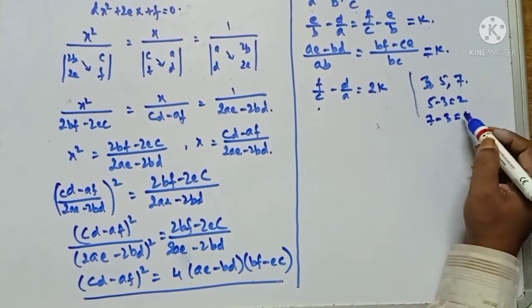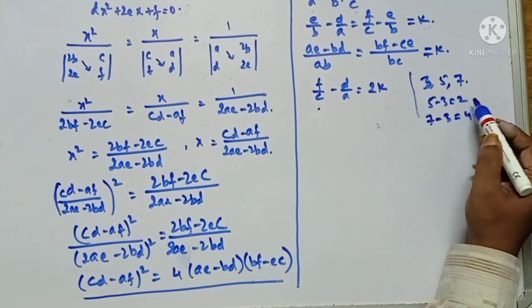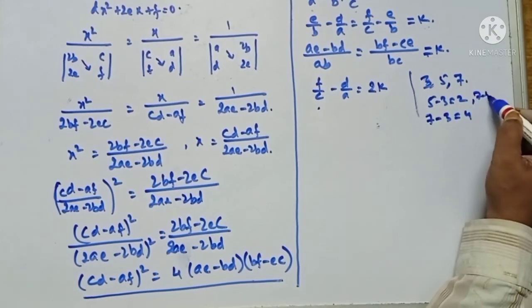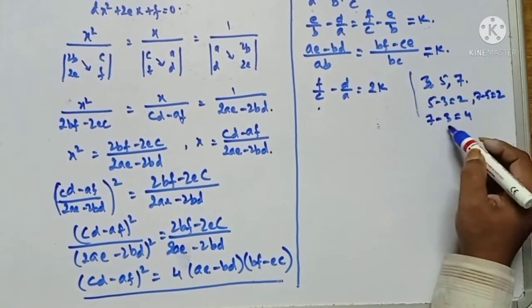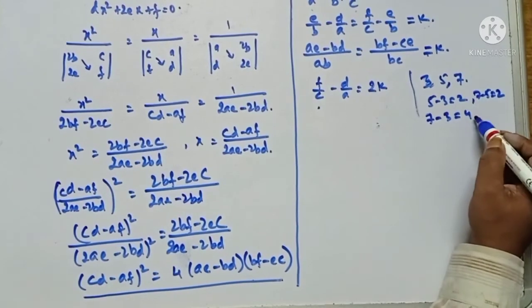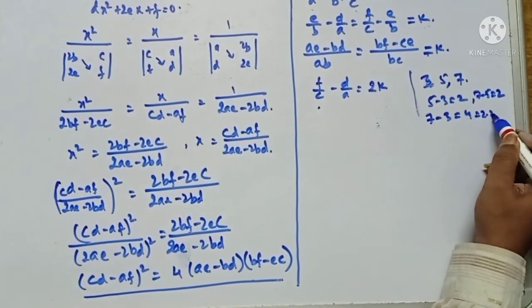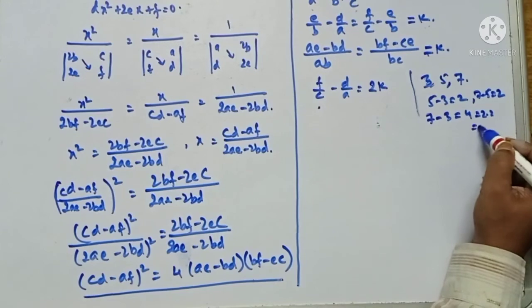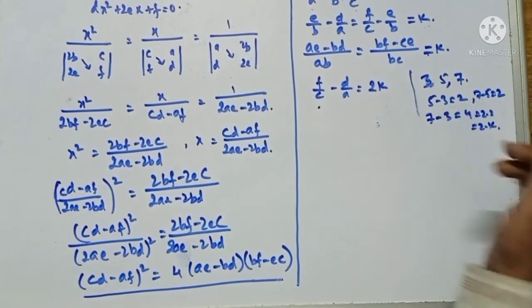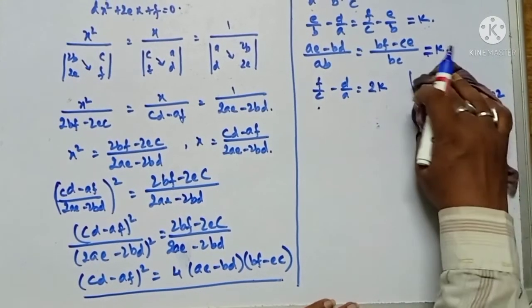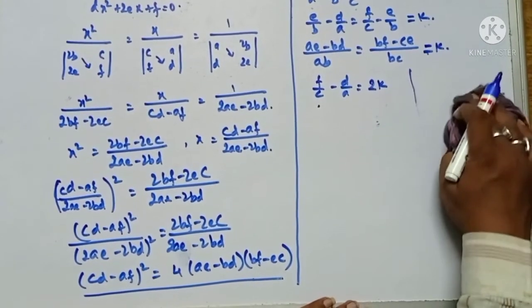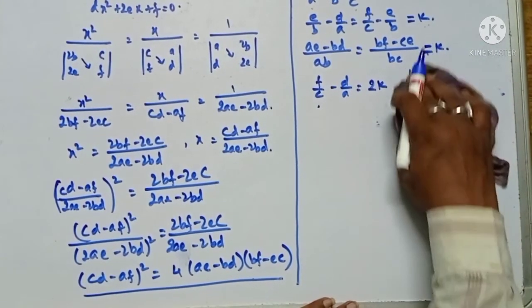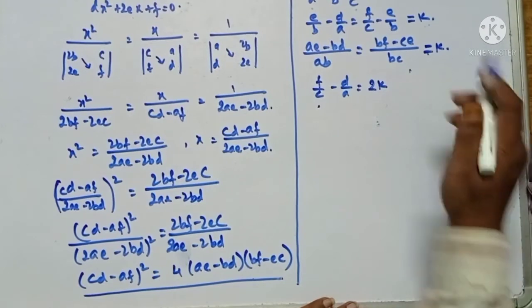Again 7 minus 5 is 2. So if this is k, then this is 2 into 2, that means 2k. Or you can take another example of any AP.